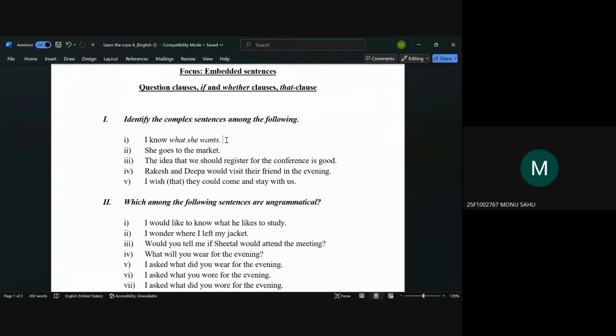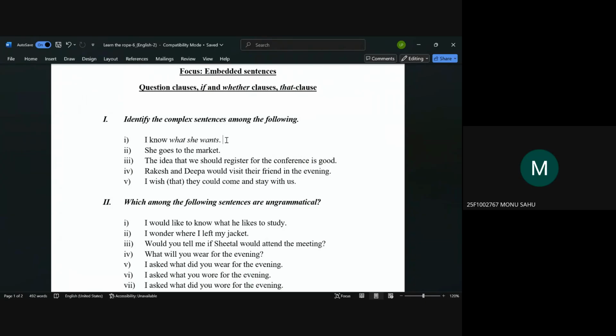I think this is complex. Why is this complex? Because the idea that is dependent, and we should register for the conference is good, that is independent, but if it is complex, then it should have a subordinate clause.